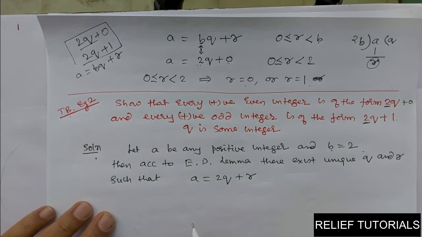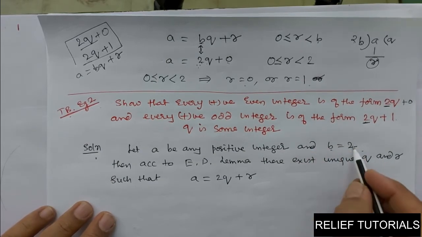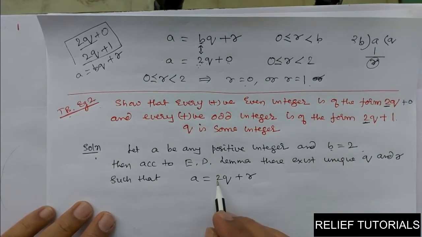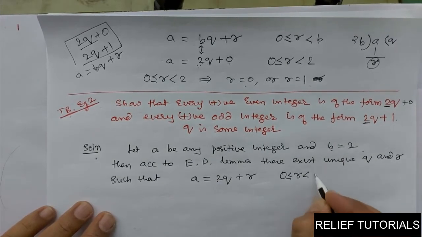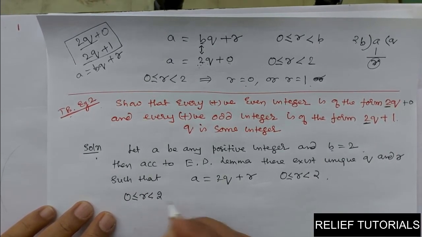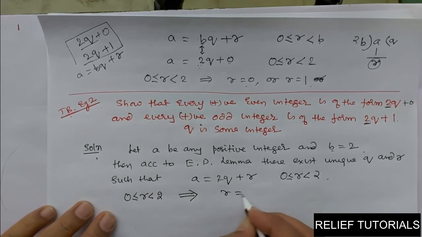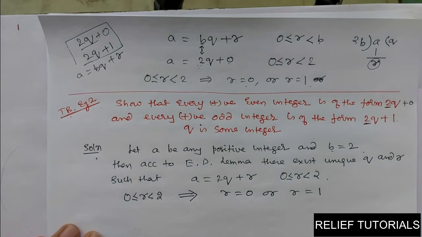That is bq plus r, but b equals 2. So in place of b I have written 2. And here r is greater than or equal to 0 and less than b, and b equals 2, so I will write 2. Now r greater than or equal to 0 and less than 2 implies r equals 0 or r equals 1. Clear?